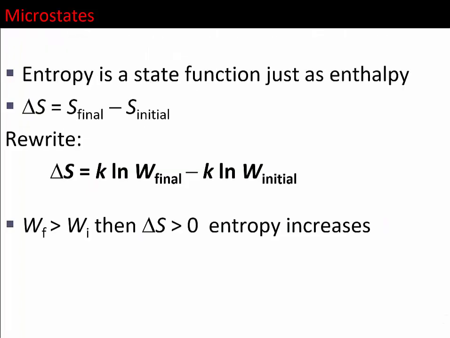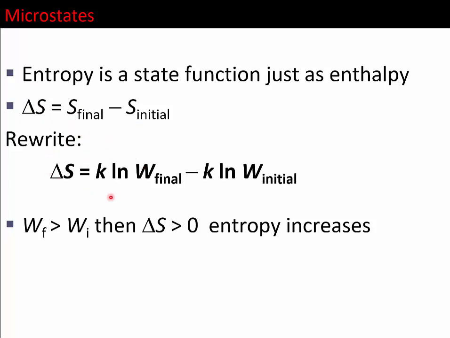Right? And entropy is a state function just like enthalpy is. We're going to calculate a delta S, and most of the time we're going to be using a delta S rather than trying to find an actual entropy. Sometimes we will, but usually we're going to use a delta S, and it's going to be final minus initial.